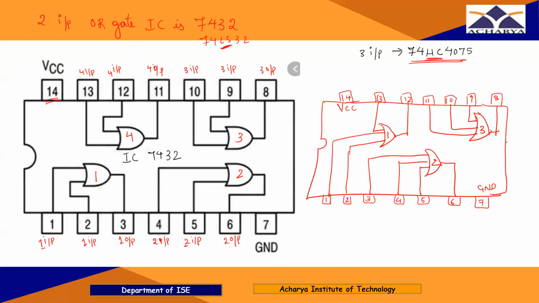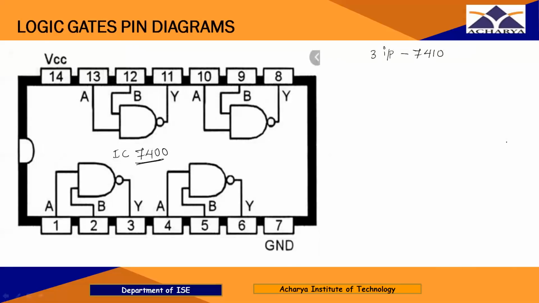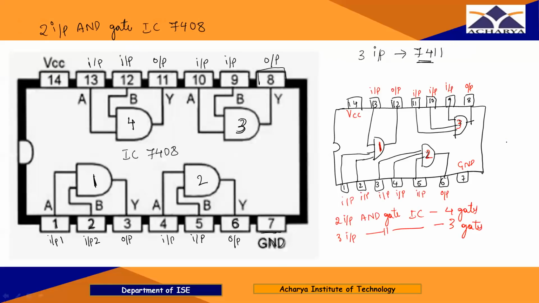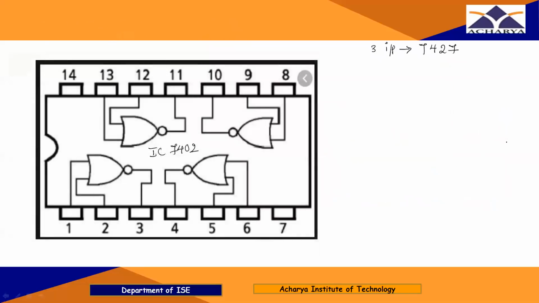So next we'll go with the universal gate. So that is NAND gate, right? So see here, just observe carefully students. For the NAND gate, 3 input AND gate and 3 input OR gate, the pin numbers are same. Like this, you have to draw 3 input NAND gate and 3 input NOR gate by yourself.